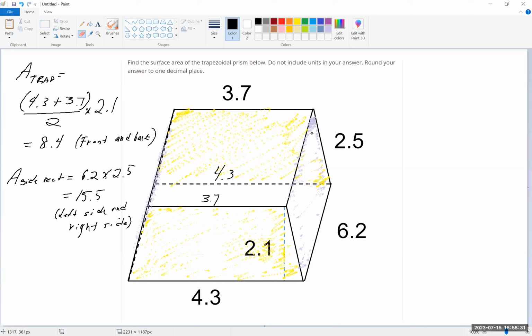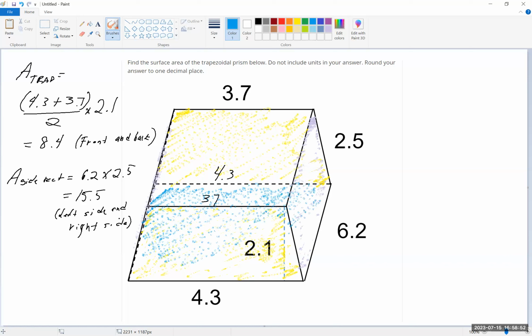So the bottom rectangle, why don't I color it? Let's go with that blue. So that's gonna be this rectangle.